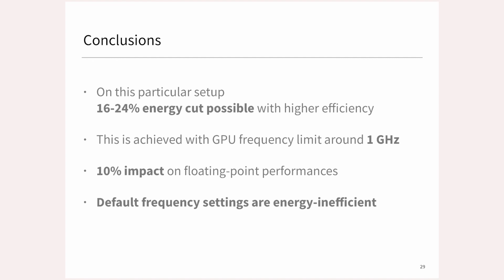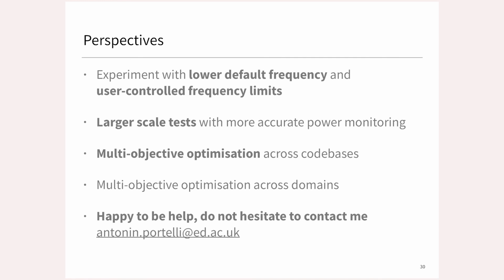And so I think the main conclusion is something that should be said a lot in the context of energy efficiency and computing: default frequency settings for hardware are generally not energy efficient, and it's even worse for specific software. Look at downclocking components and see if you can get more work done per energy unit spent.